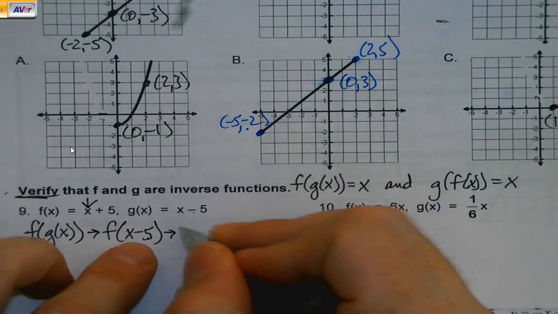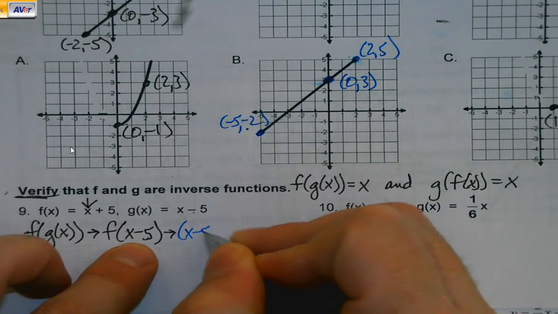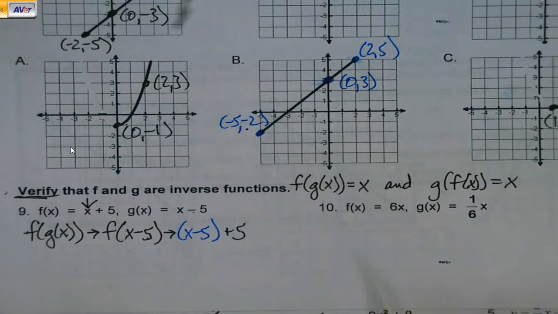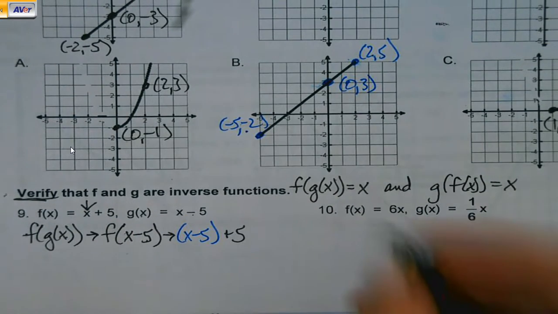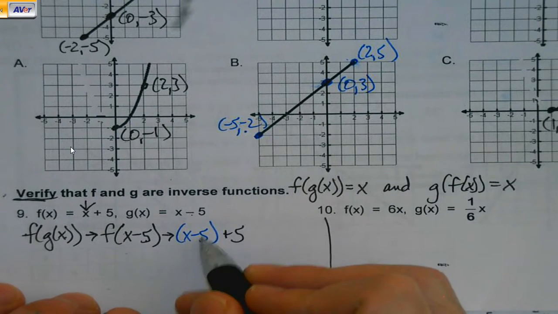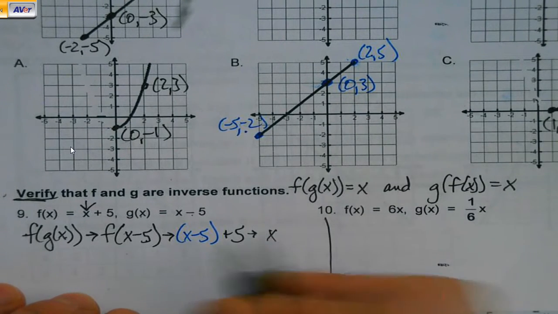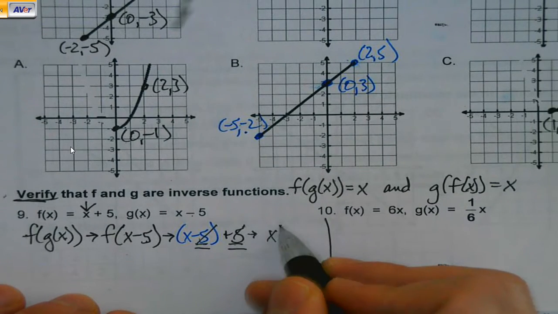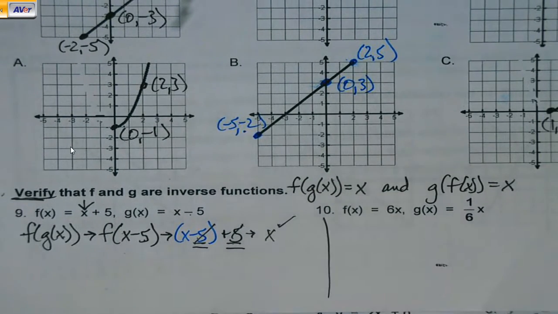So replace the x with x minus 5. But then the plus 5 from my f function is still there. So I take a peek, and I go, okay, so x, -5 plus 5 cancels. Okay, so the first one equaled x. That's a good thing.